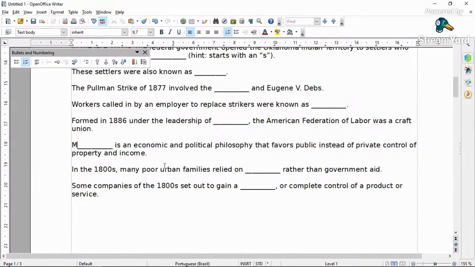So this one you need to find. Some companies of the 1800s set out to gain complete control of a product or service. I wonder what that is. But I believe it begins with an M.